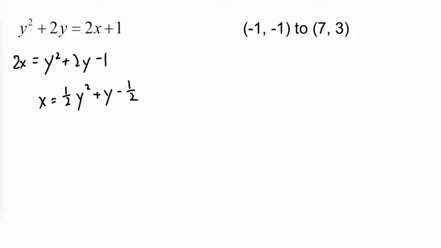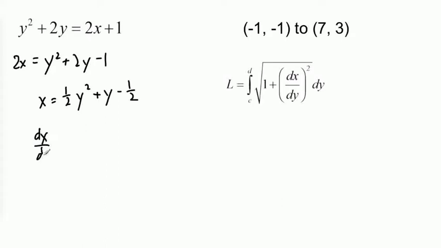So if I want to find the length of the curve, I need this equation right here. And I'm going to use this one with respect to y, since this is going to be a function of y. But the first thing I need to do is find dx/dy. And dx/dy is just this equation derived with respect to y. So that's going to be y plus 1.